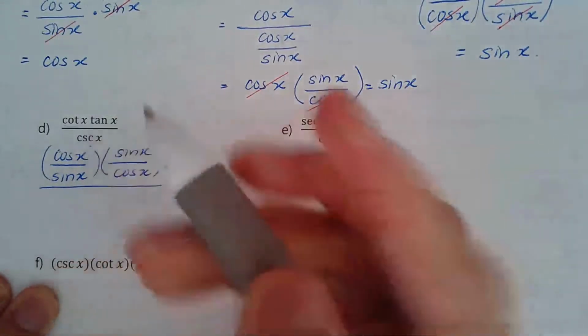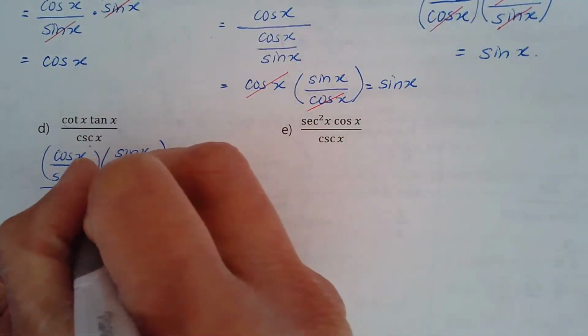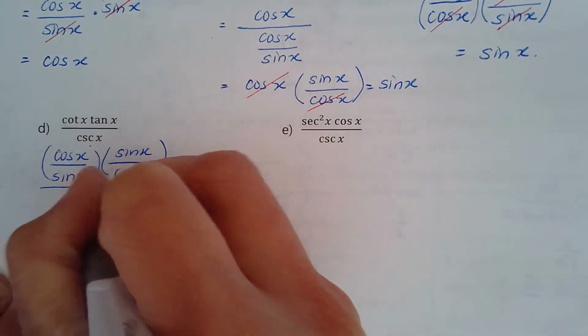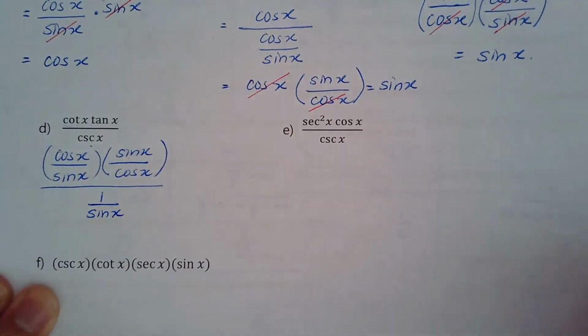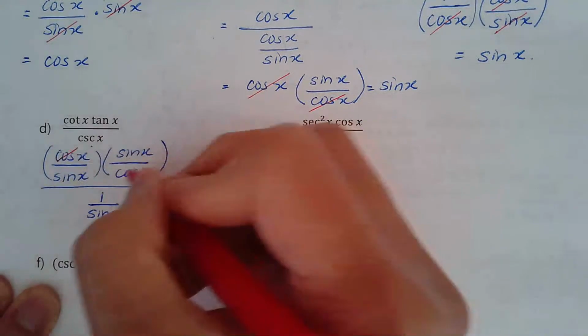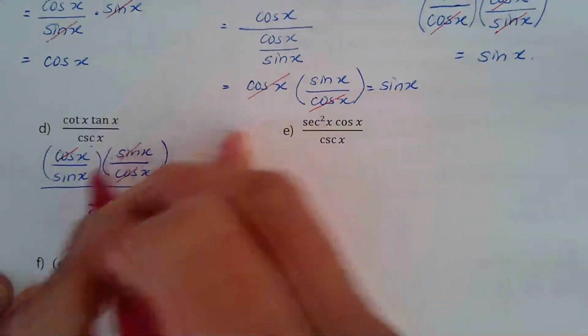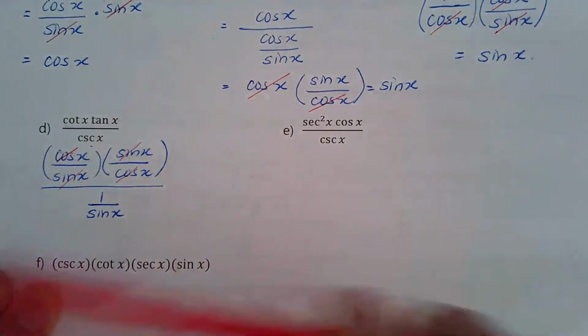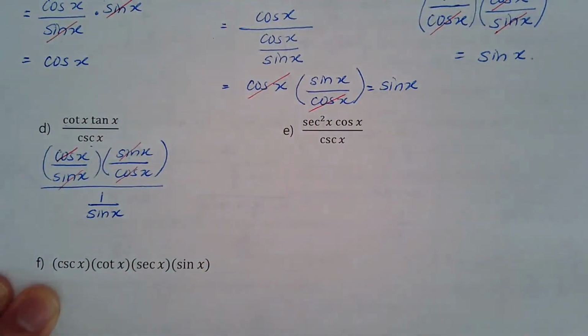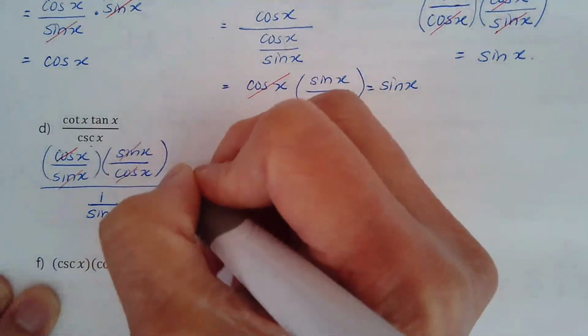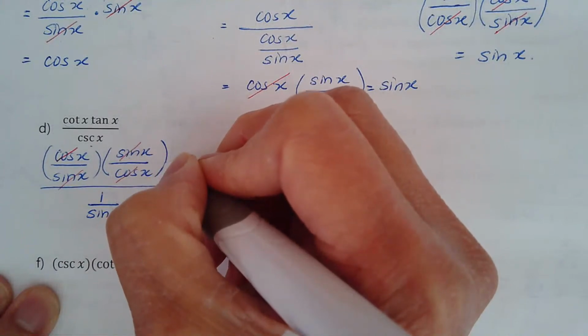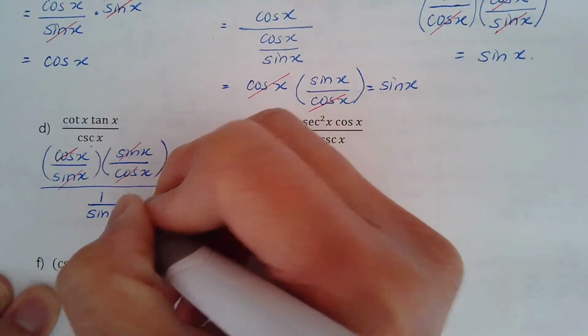okay, what's cosecant? It's going to be 1 over sine of x. So cos of x divided by the cos of x, they cancel each other out. Sine of x divided by sine of x, they cancel each other out. So we're going to have just 1 in the numerator divided by 1 over sine of x.